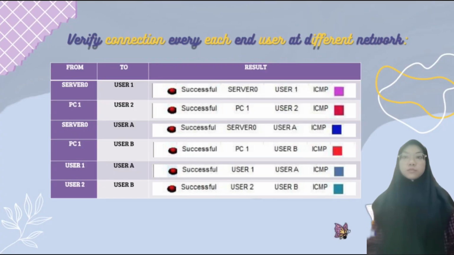To make sure the RIP service is working, we test the connection using the ping command. For example, from server 0 to user A, PC1 to user 2, user 1 to user A, and user 2 to user B. And this is the result that is successful, which means that our RIP service is working.